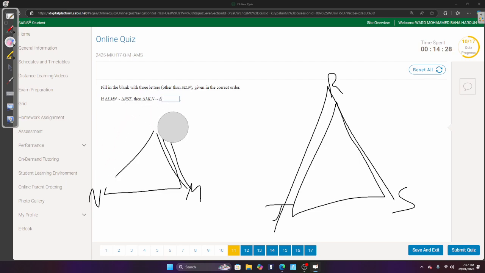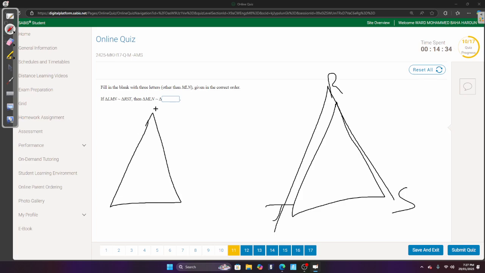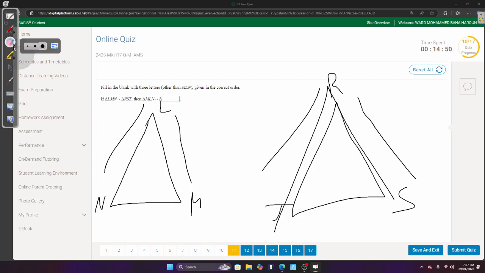I'm scribbling everywhere. Let me just rewrite this one. L, M, N. We put them equal. L, M, R, S, S, T, M, N. Okay? They're equal. Now, if M, L, N is S, R, T. Okay? Do you understand?